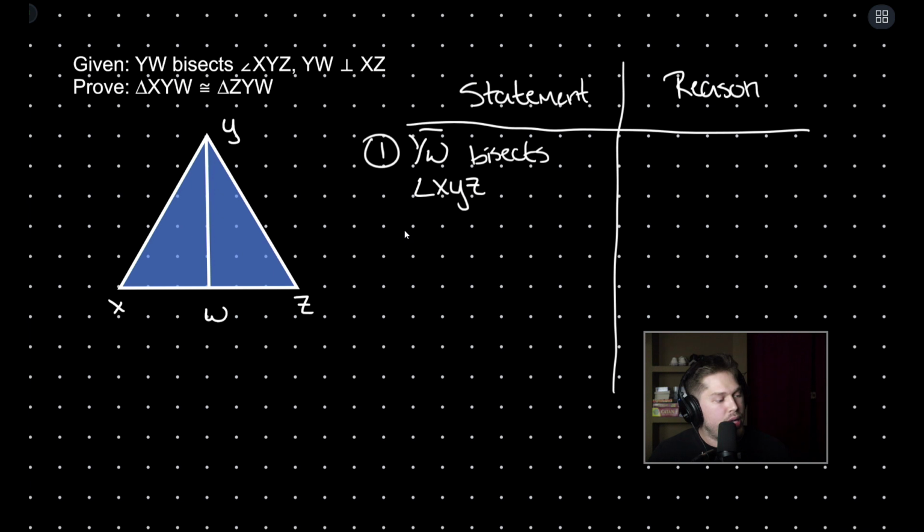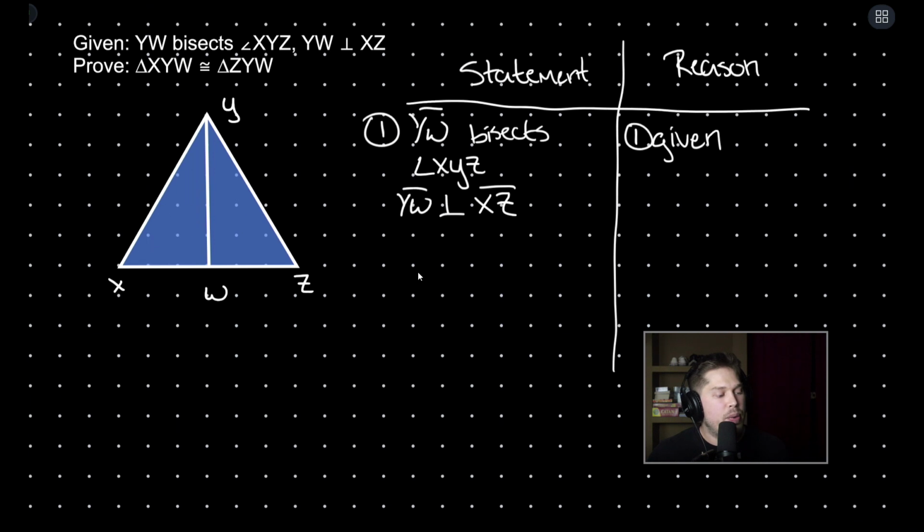And what else do we have? We have YW is perpendicular to XZ, line segment XZ. So this is a restatement of our given. Okay, so the first step is just to restate your given.